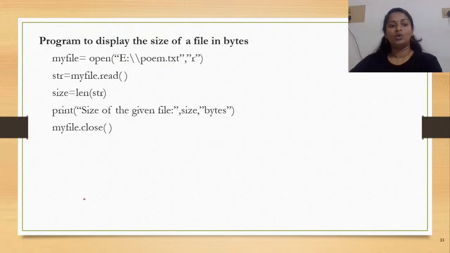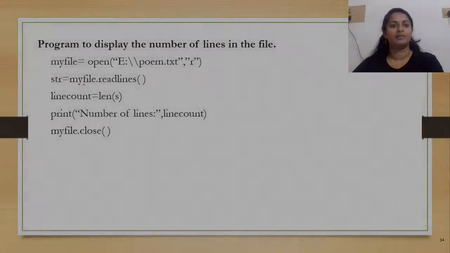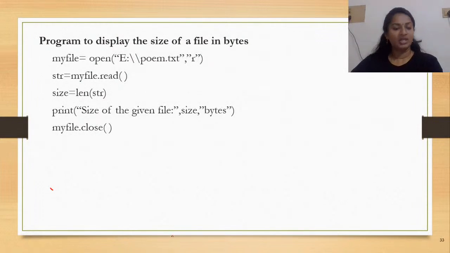Now let us learn a few programs. I've just included 2 programs here. Now here, what we are going to see is how to display the size of a file in bytes. In this case, you have to definitely open the file, right?